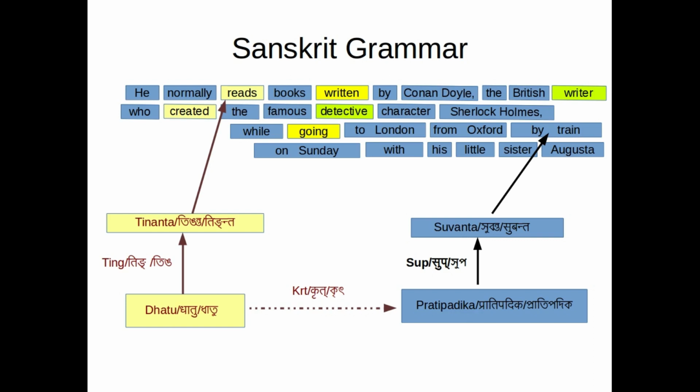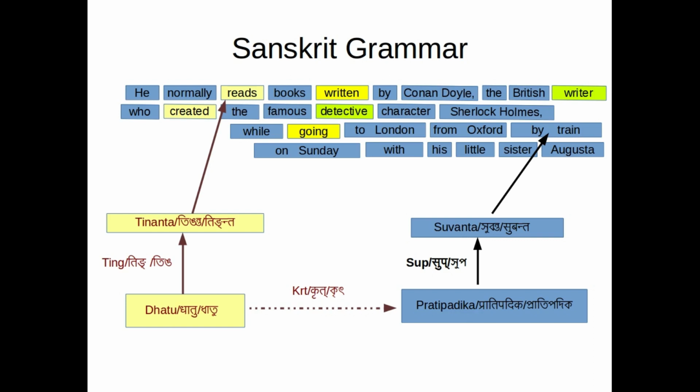Now, this is a complex sentence. It means several things. He generally goes to London from Oxford on Sundays. His sister Augusta generally accompanies him, and the person normally reads books written by a particular author on such a journey.